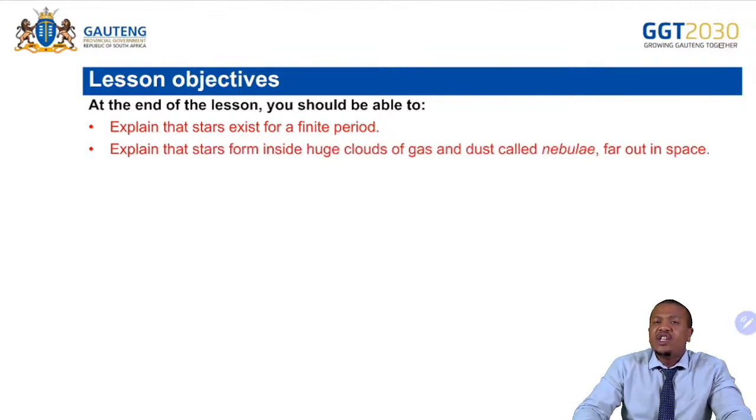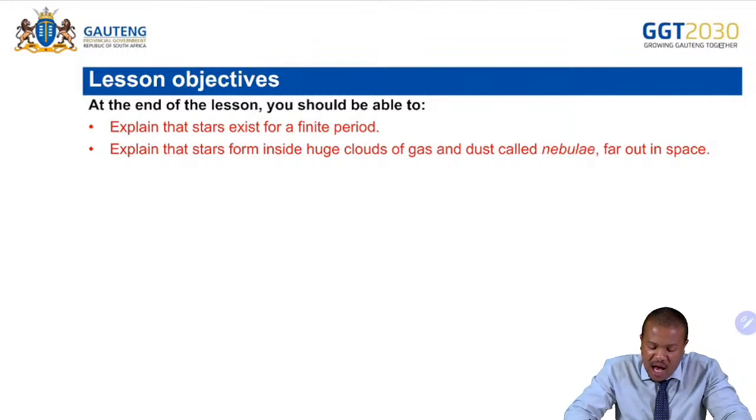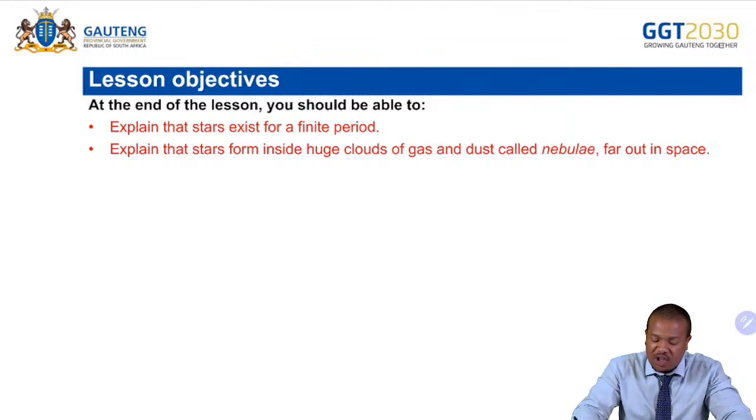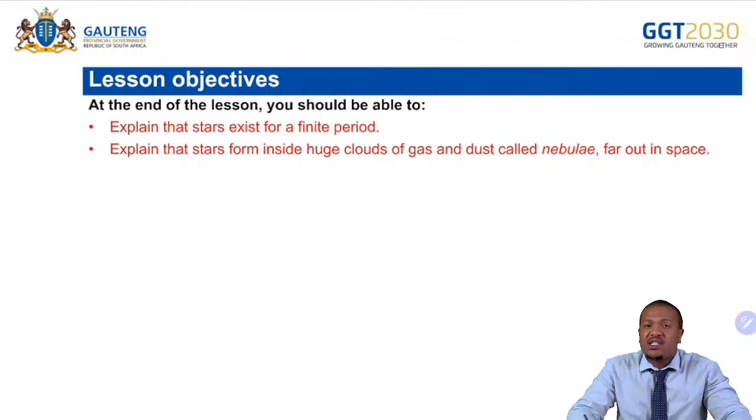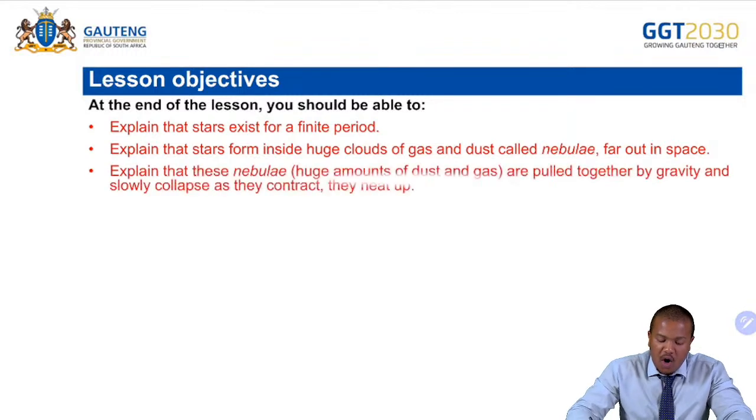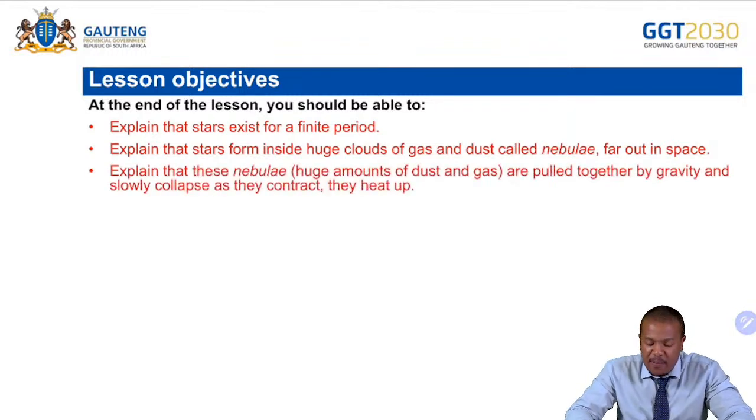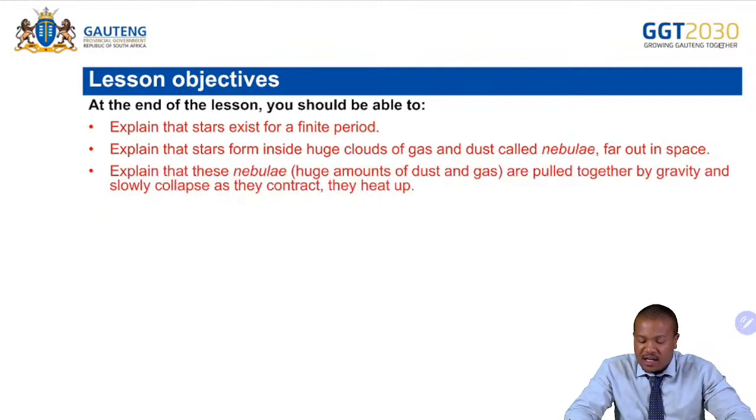Also, we need to be able to explain that stars form inside huge clouds of gas and dust called nebulae, far out in space. We need to explain that these nebulae are pulled together by gravity and slowly collapse, and as they contract, they heat up.